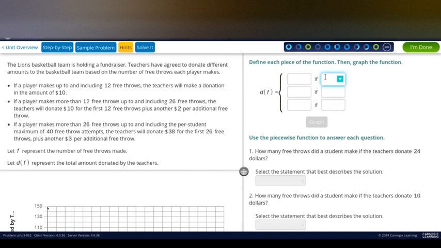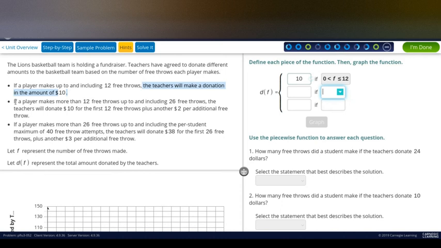So our domain is going to be 0 is less than or equal to our variable of f, which is less than or equal to 12. Now the remainder of this bit says the teachers will make a donation in the amount of $10. So this is not $10 per free throw. This is $10 in total. All right, first equation done.